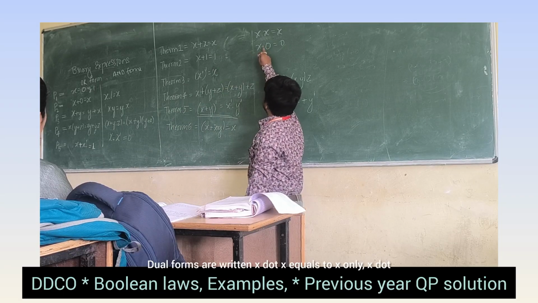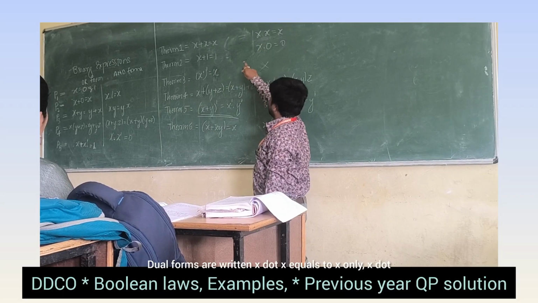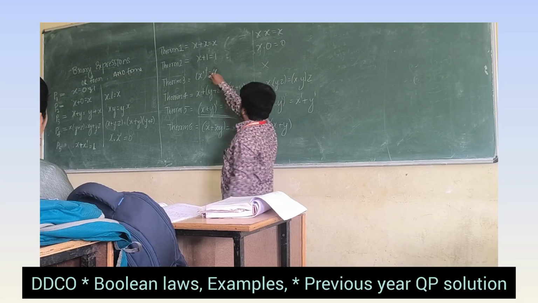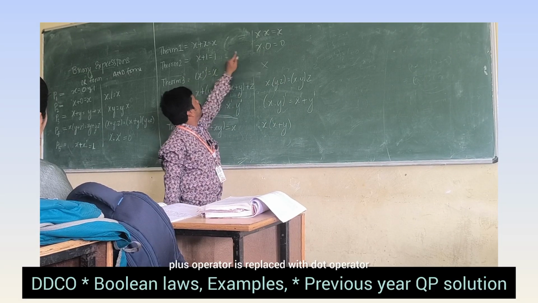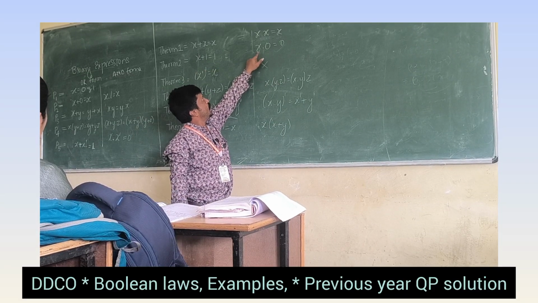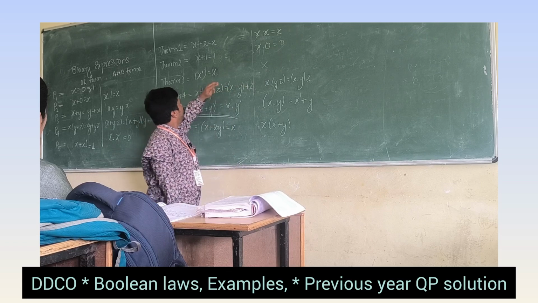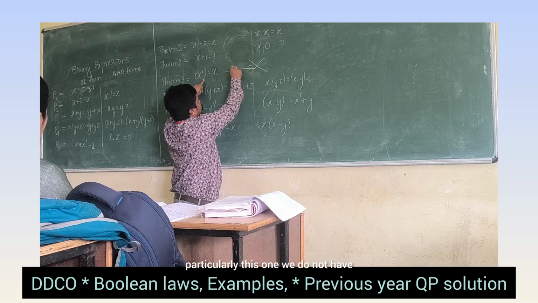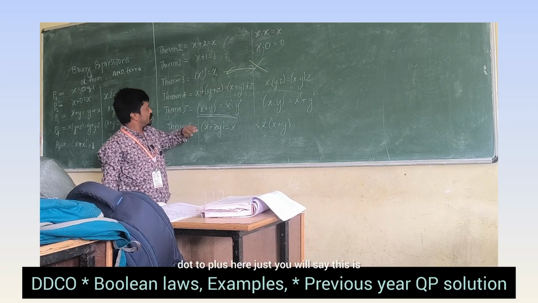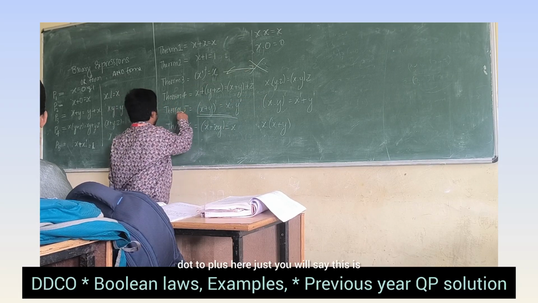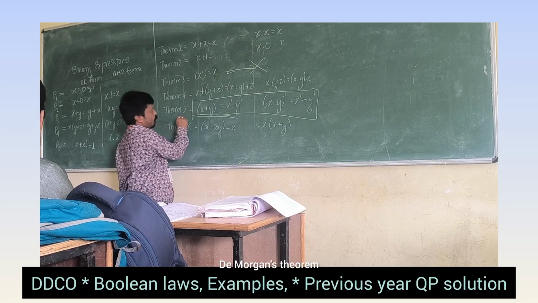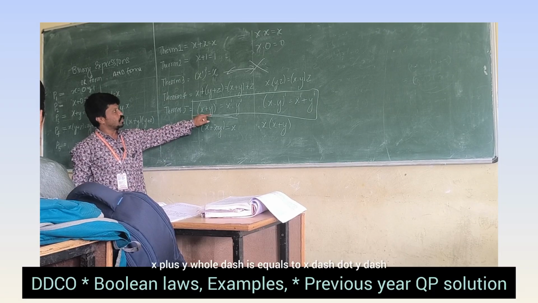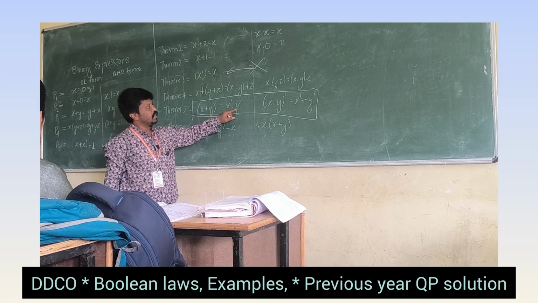Dual forms are written as x dot x equals x only. The plus operator is replaced with the dot operator, and 1 is replaced with 0. x dot 0 is 0 only. For x double dash we don't have any dual form. This one particularly does not have a plus to dot change. Then the De Morgan's theorem: (x dot y)' equals x' plus y'.